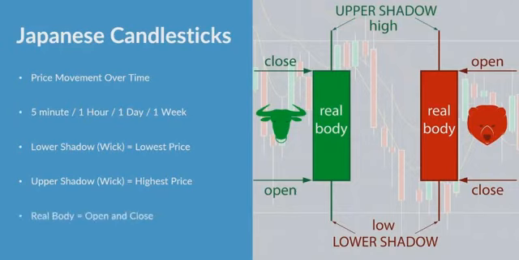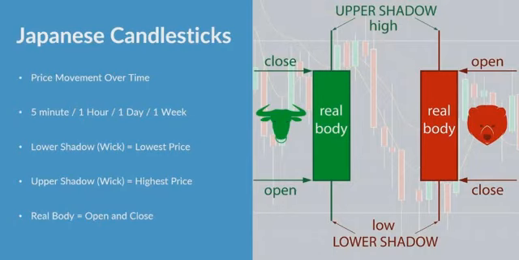And then we have the real body, the body of the Japanese candle. And very simple, if it's a green candle, the bottom point of the body is the open price, the top part of the body is the close price. And if it's a red or bearish candle, the open price was the top part of the body and the close price was the bottom part.